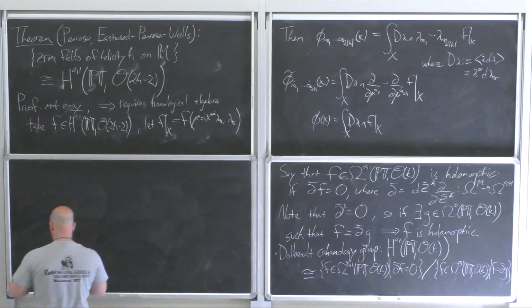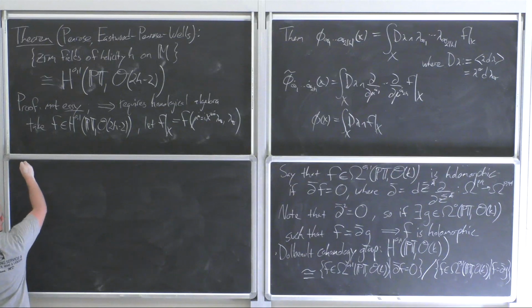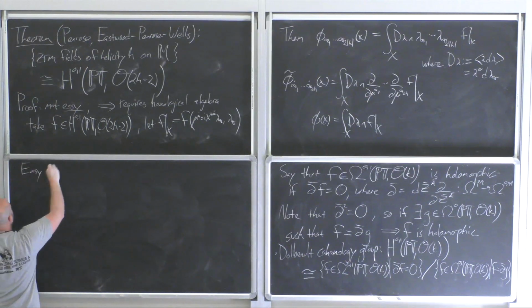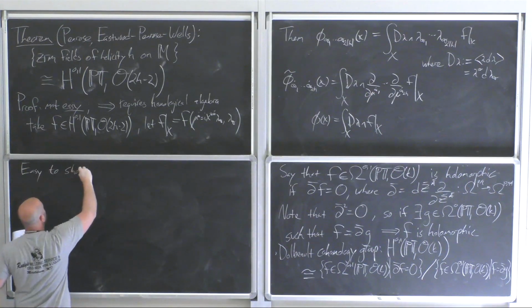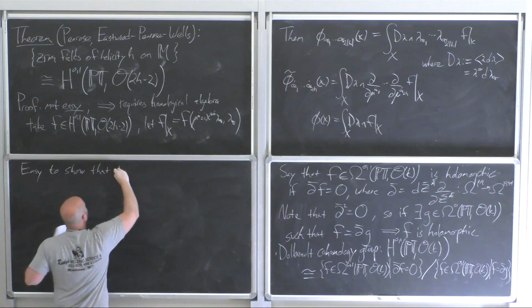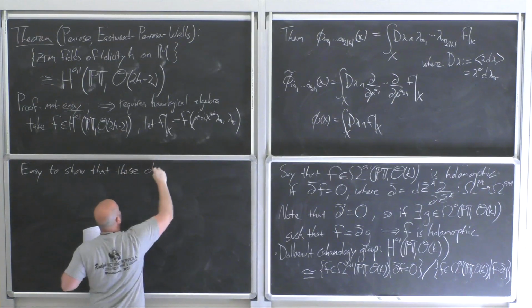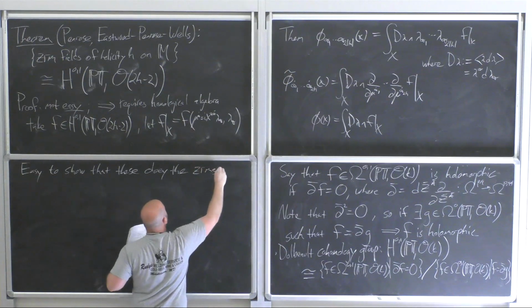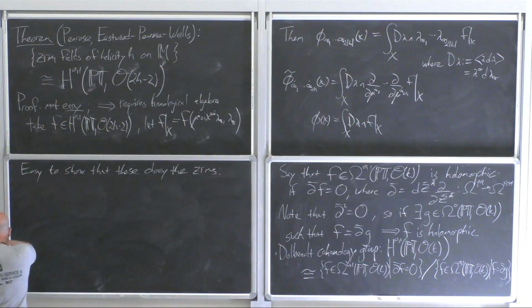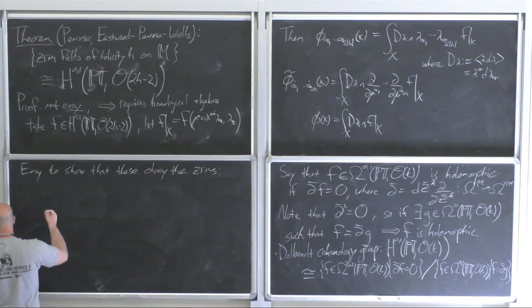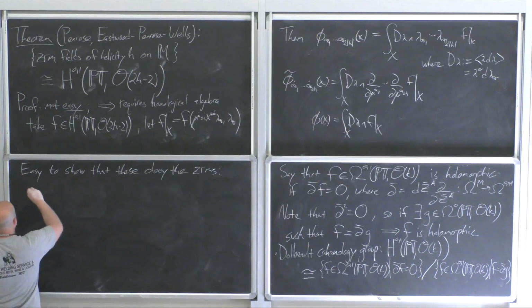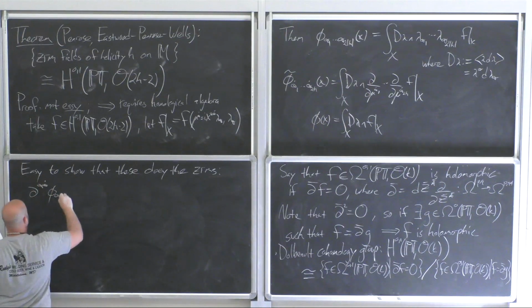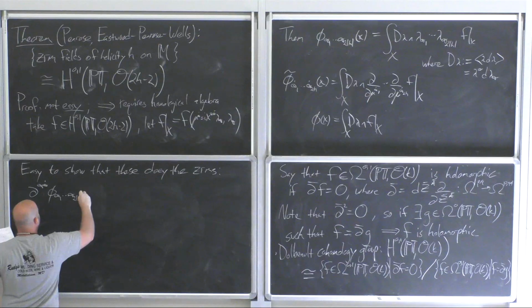So, for instance, let's take the negative helicity case: D alpha alpha dot acting on phi alpha 1 through phi alpha 2h.